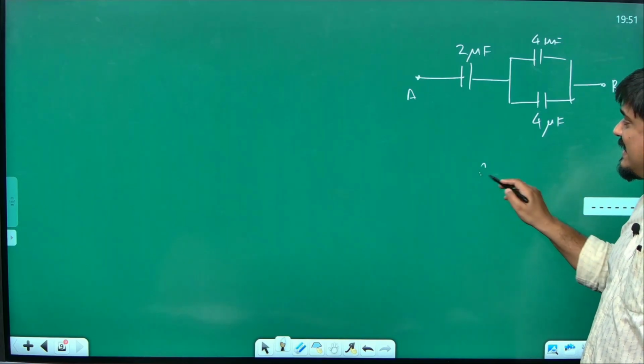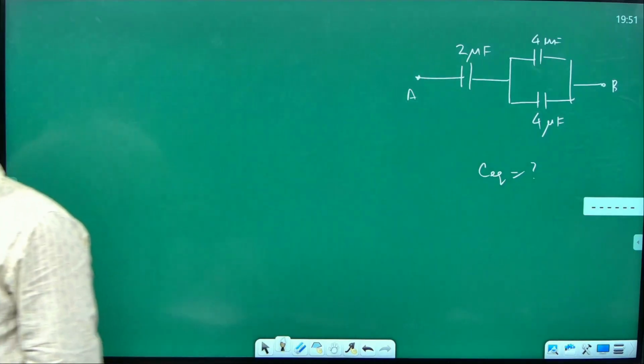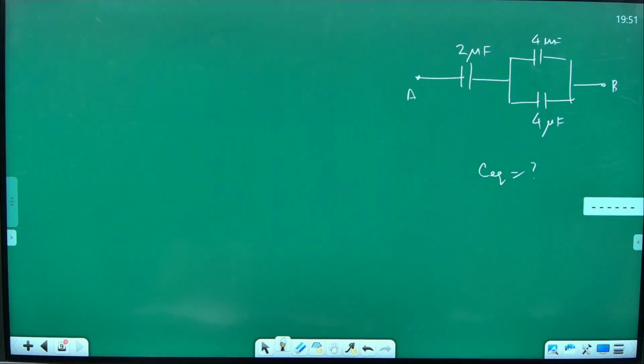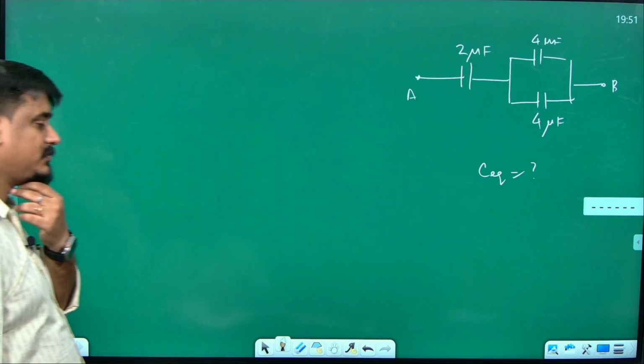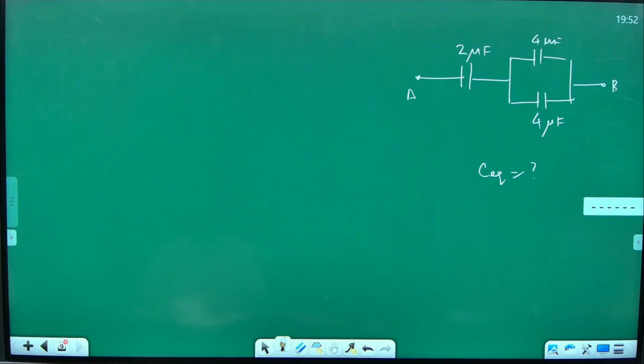What is C equivalent? Tell me fast. Solve it, everybody. Simple question. 4 and 4 are in parallel. 2 is in series with 4 and 4. Sir, 1.6. 5 by 8 micro. 5 by 8 is not 1.6, man.